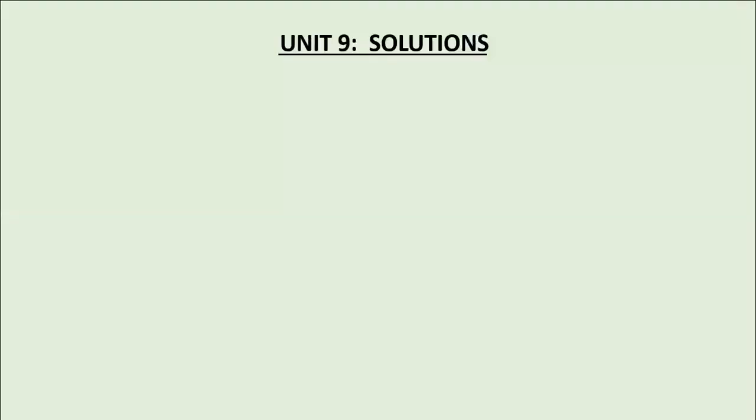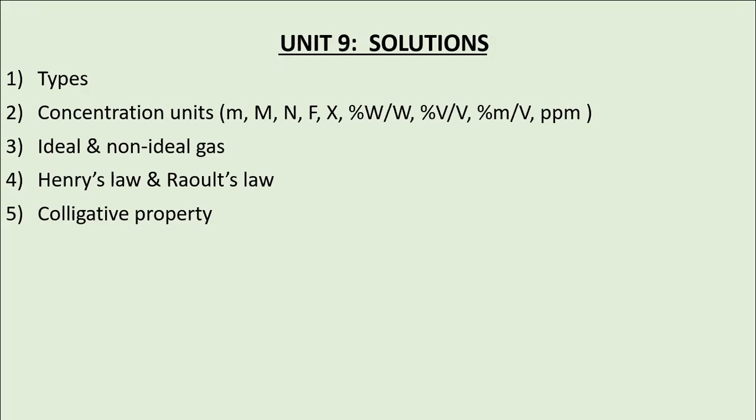Next we'll move on to unit 9, solution. Here the first comes types, that is what are the types of solution. Then their concentration units like molality, molarity, normality, formality, mole fraction, mass by mass percentage, volume by volume percentage, mass by volume percentage, and then parts per million.